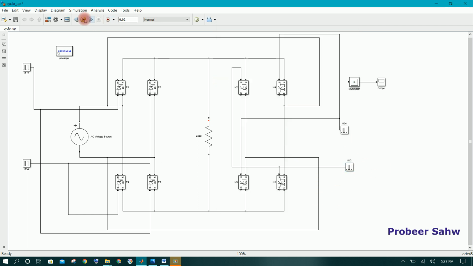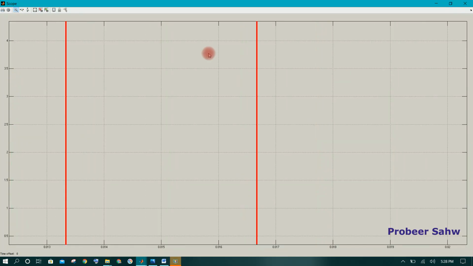Let us run this for 0.02 seconds. Double click on the scope, and we can use this button to have all the output within this window.